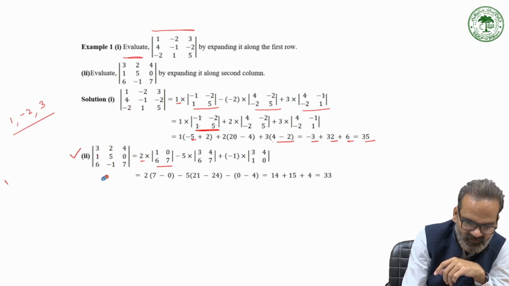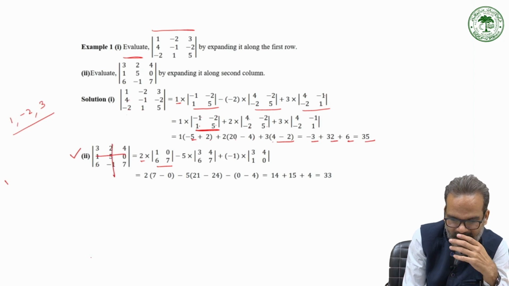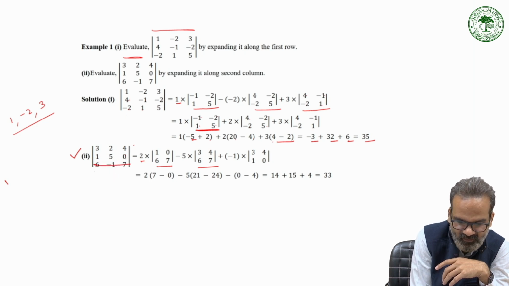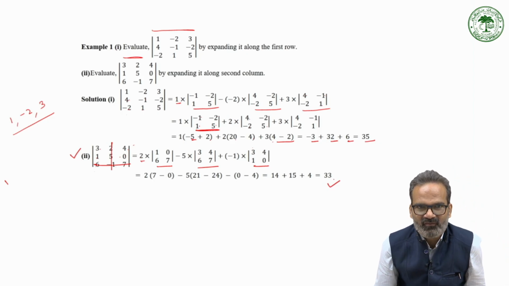Second thing is what? 5. 5 lies in the second row and second column. What is left? 3, 4, 6, 7. This same. And what is third? Minus 1. So minus 1 lies in the third row, and 3, 4, 1, 0. This way. Simplify these. You will get 33 as the value of the determinant.